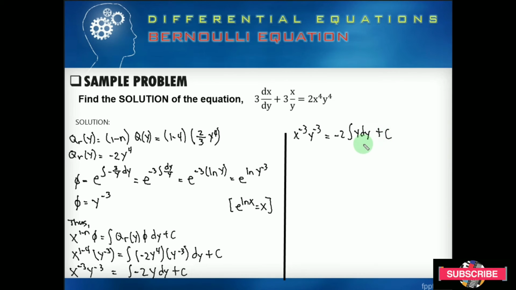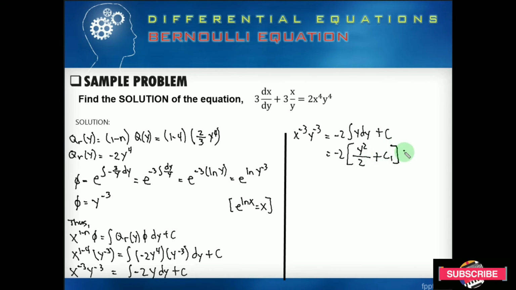Okay, so masosolve na natin to, equals to negative 2, so itong integral of y dy is just y to the n plus 1 over n plus 1, so ang n natin is 1 dito, so y squared over n plus 1, so 1 plus 1 is 2. Okay, plus your constant c1.